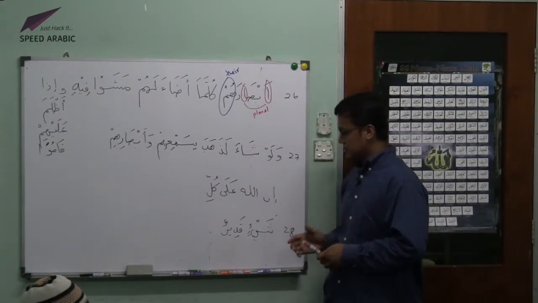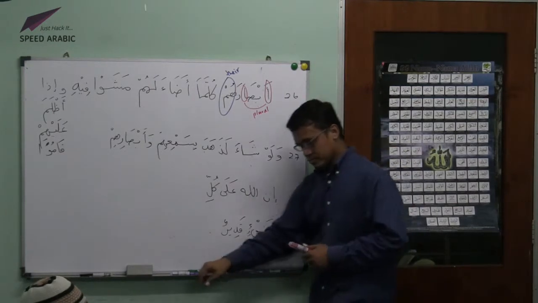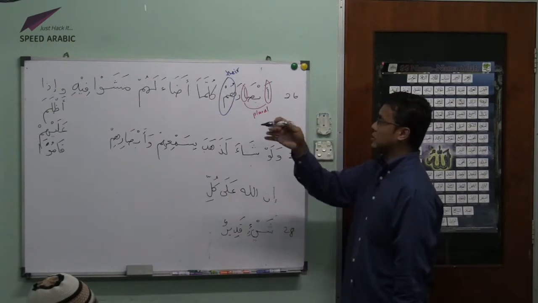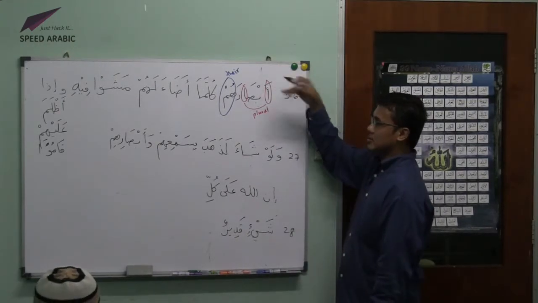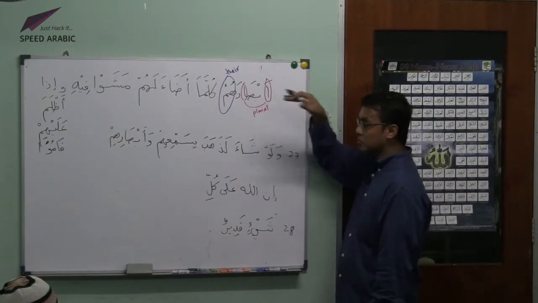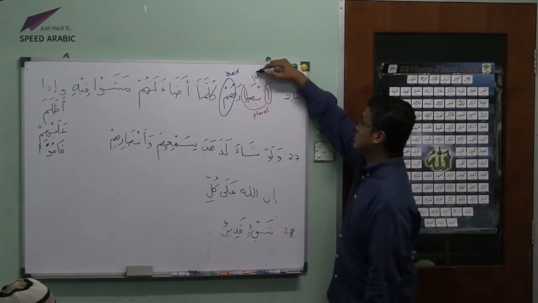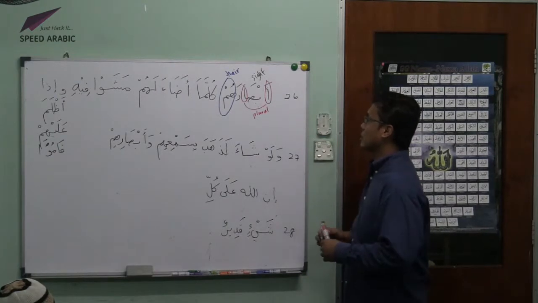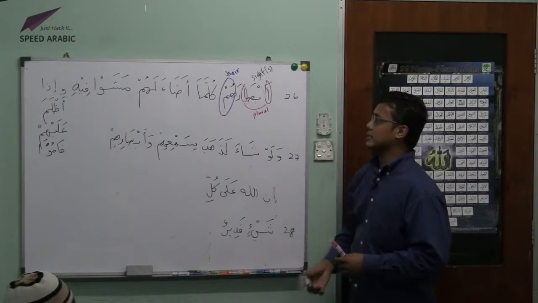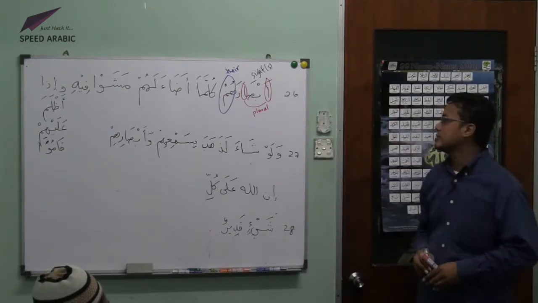And basara is the root, which means see. See. So this one is the verbal noun basar, which means sight, and the plural is absar, so sight. It's plural, but when you translate, you just say sight.